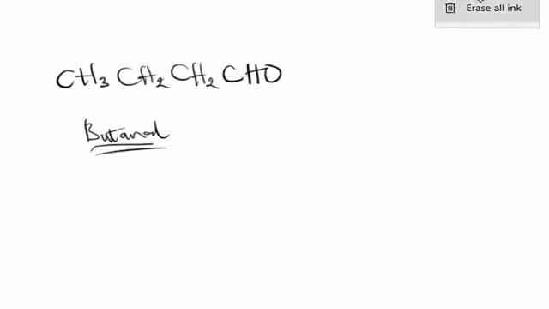Alright, so the next rule: when the CHO functional group is attached to a ring, the suffix carbaldehyde is added, and the carbon attached to the group is taken as the first carbon atom.